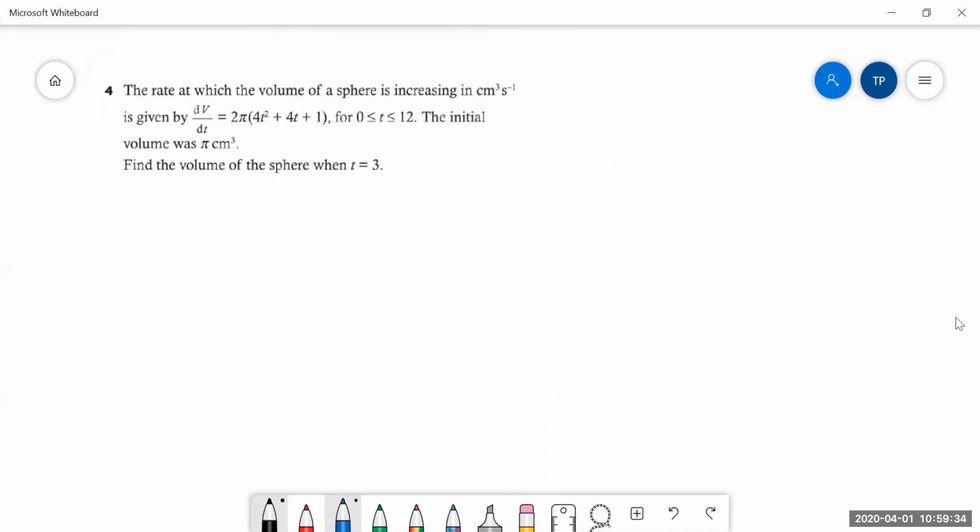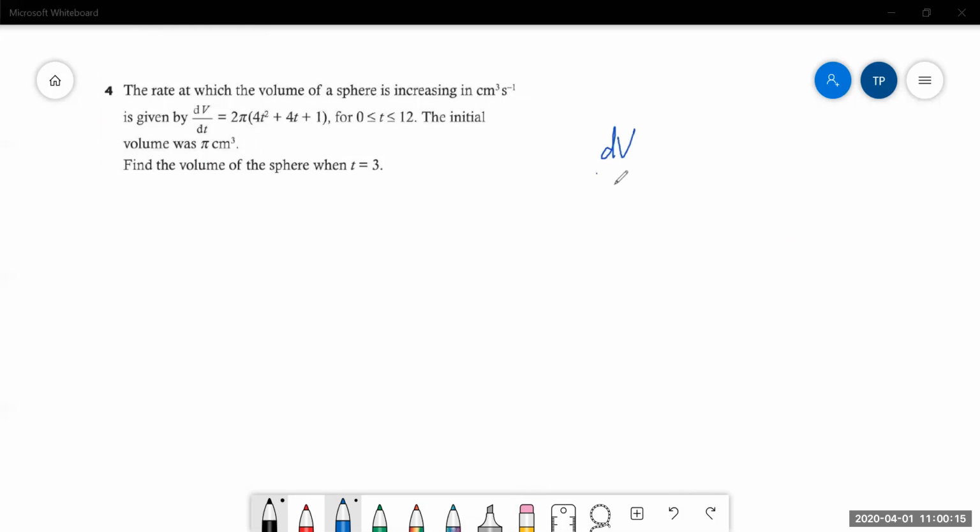What? The volume of a sphere is increasing? So basically, this is what they gave you.